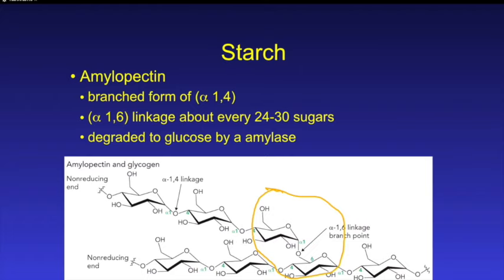And what this does is it allows it to have a little bit more solubility, and if I'm going to degrade, I'll have multiple ends to degrade from, whereas the amylose has only one end at which we can do a degradation. The degradation of this starch is done by amylase mainly, although there is a separate enzyme that has to break the branch point itself.